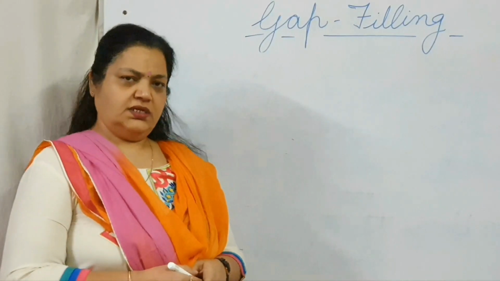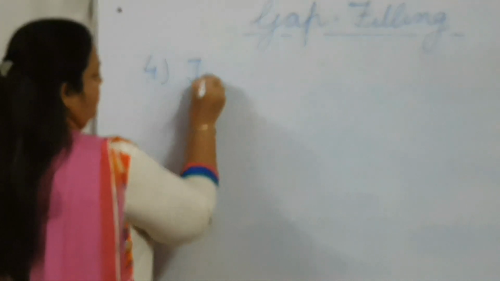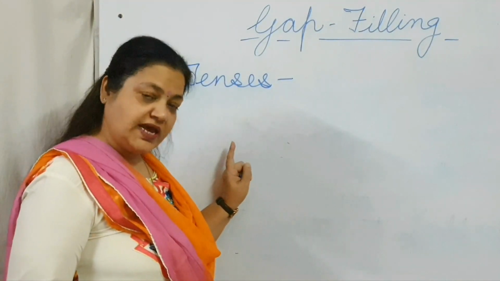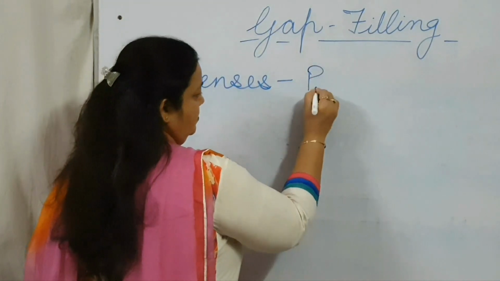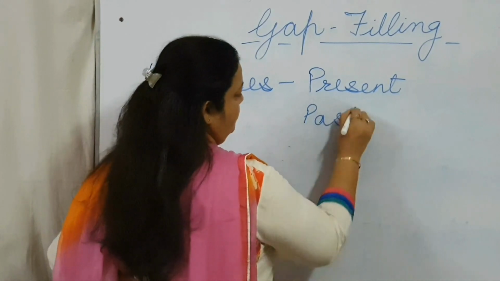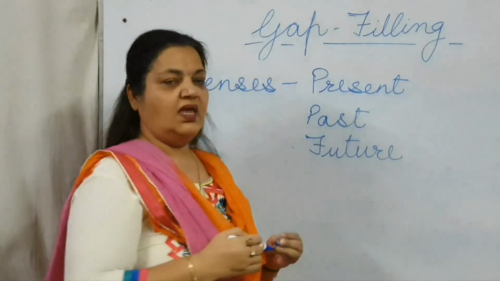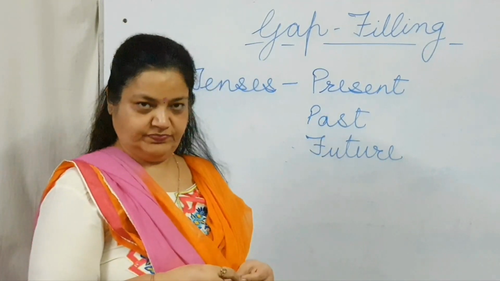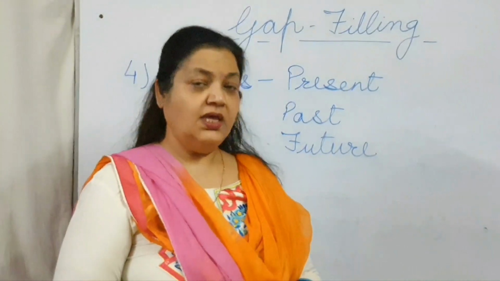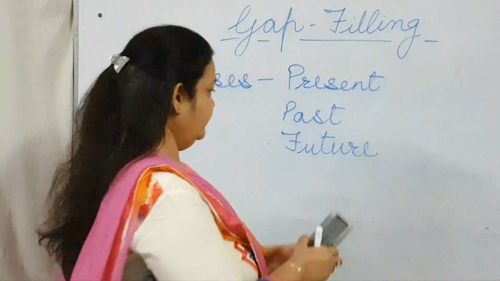Now next, students, I'm going to talk about your tenses. Tenses, you all know there are 3 types of tenses. Present, past and future. And again they have another 4 forms you all are aware of. Now let us first discuss the present one.